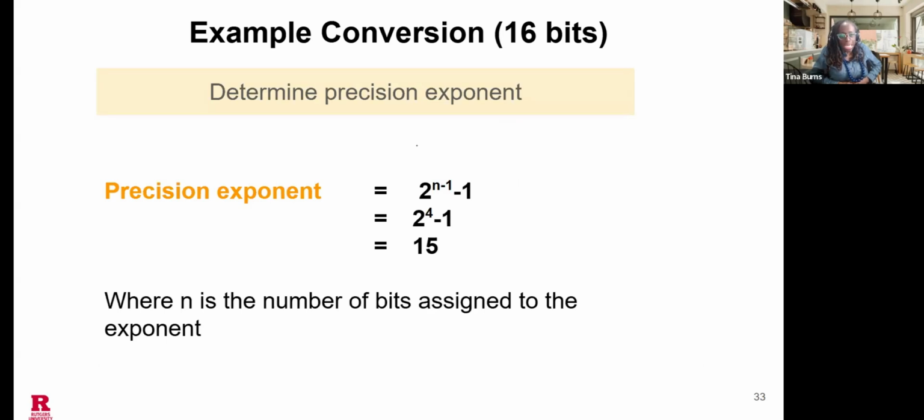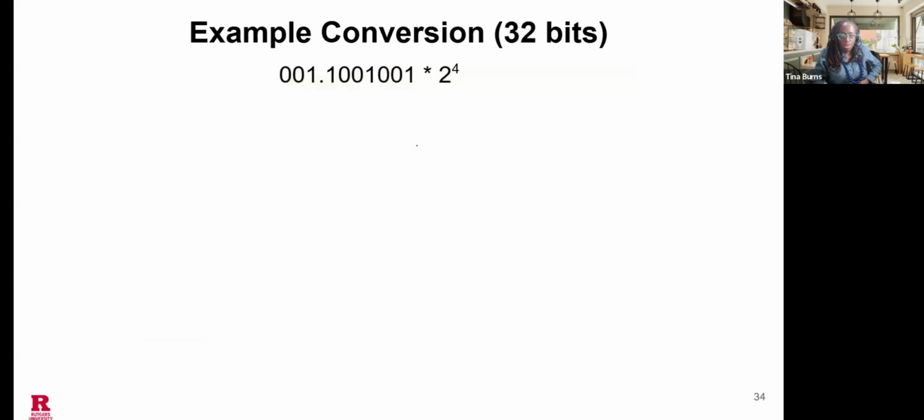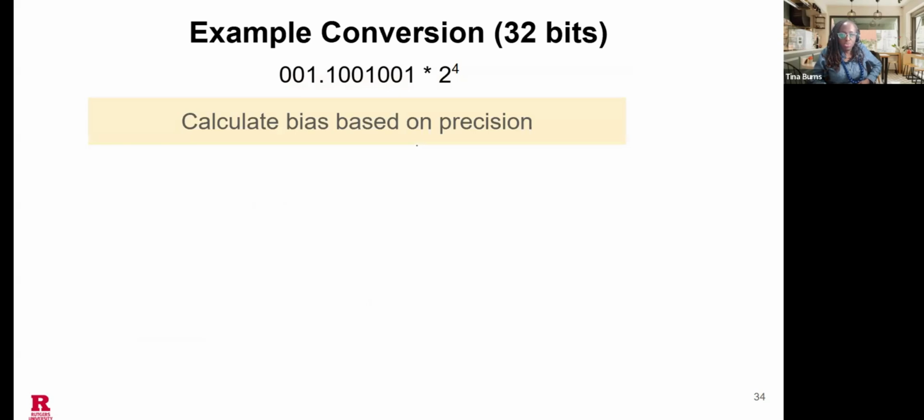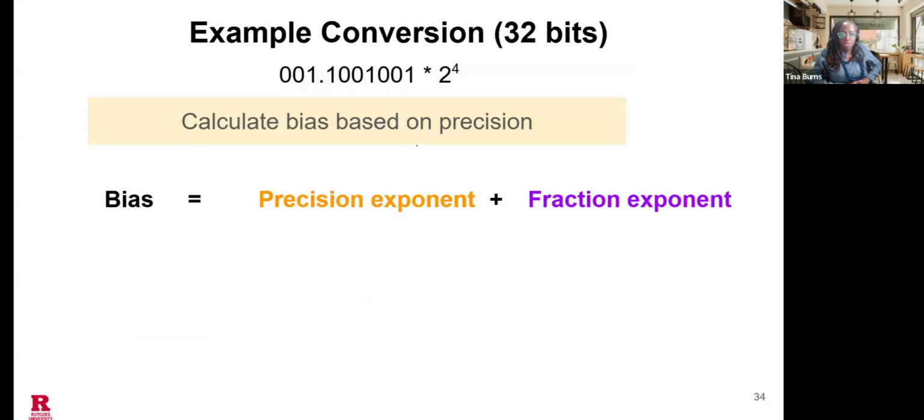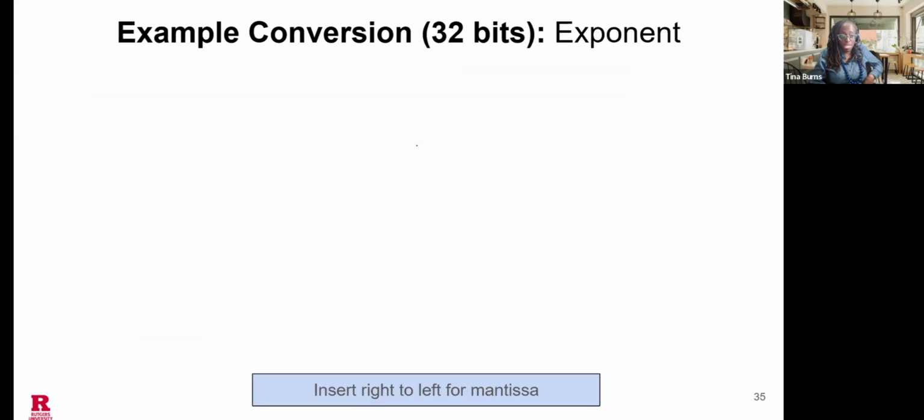So the largest number for a 5-bit representation is 15. Now we want to do our precision exponent. So it's 15 plus the number of spaces we move, which is 4. That gives you 19. Very simple. This is our bias.